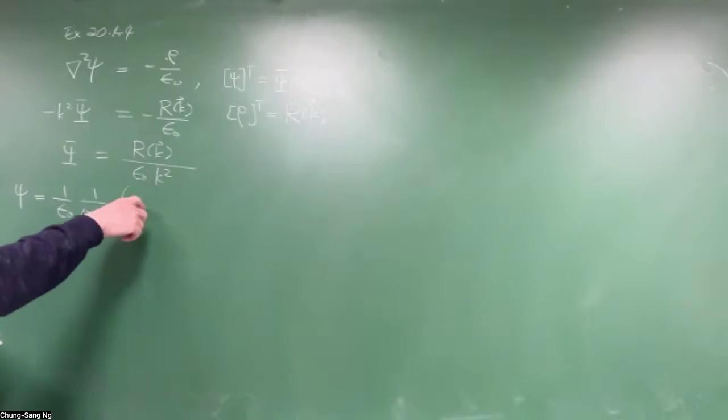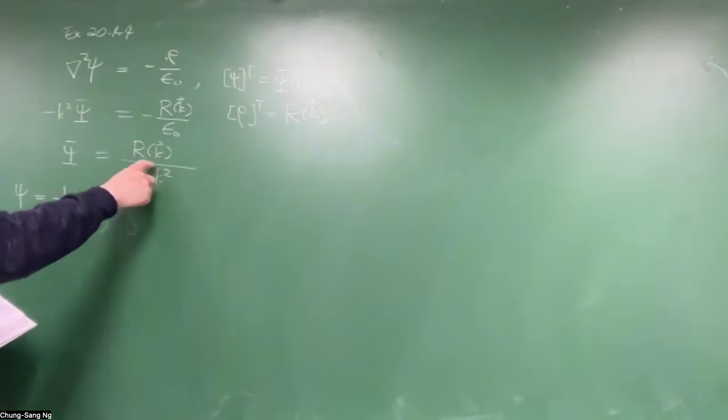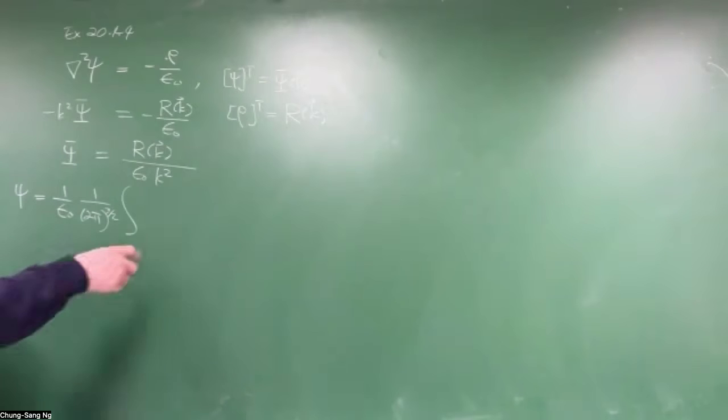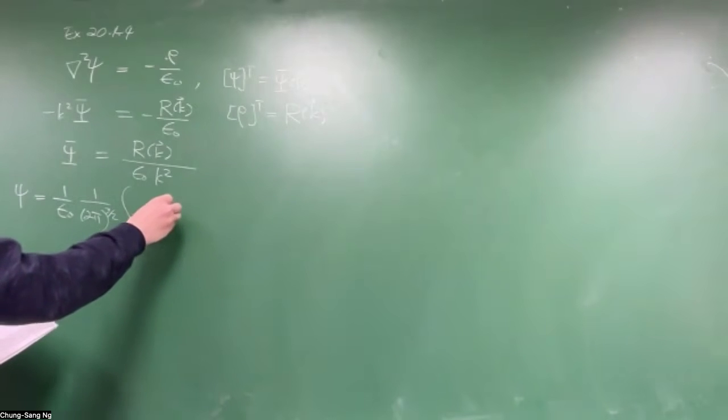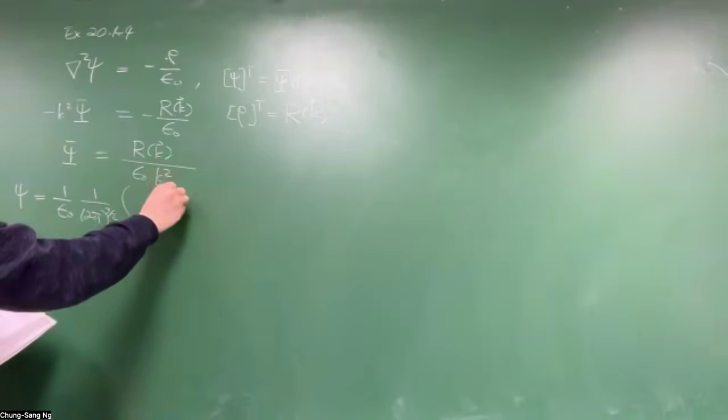Now you have the Fourier transform with 1 over k squared. You can regard it as also a Fourier transform. This is like multiplying Fourier transforms and doing an inverse transform, so that becomes a convolution.